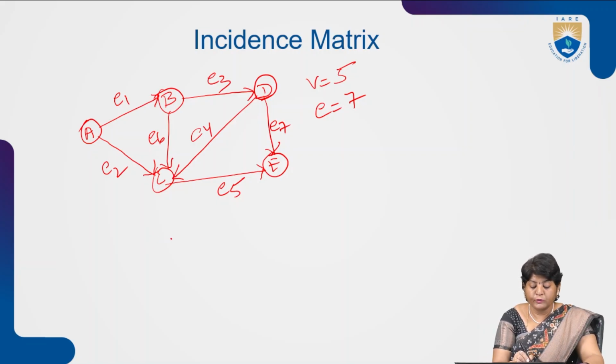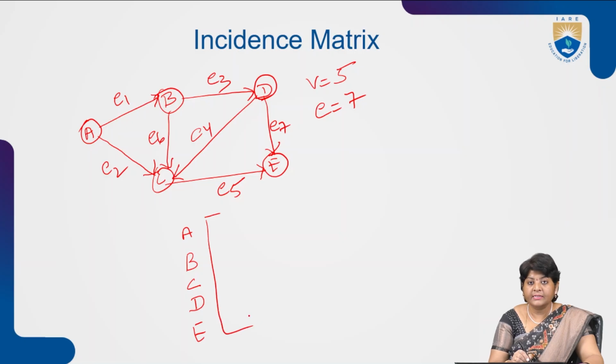As we know, we should consider vertices as rows, so A, B, C, D, E, and columns as edges. So how many edges are there? 7. E1, E2, E3, E4, E5, E6, E7.